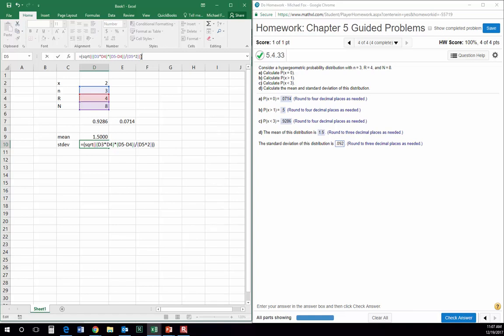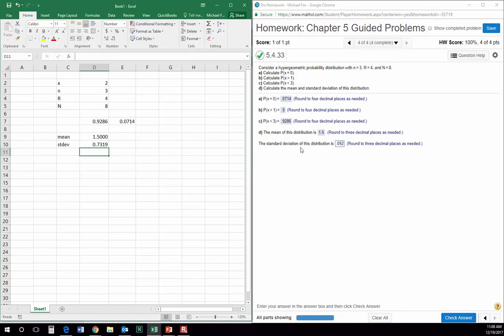All right, and then we multiply this by the square root of our big N minus our little n, divided by our big N minus 1.